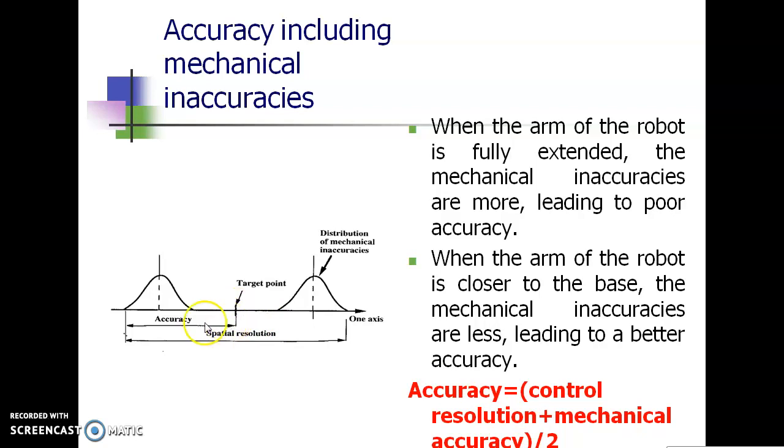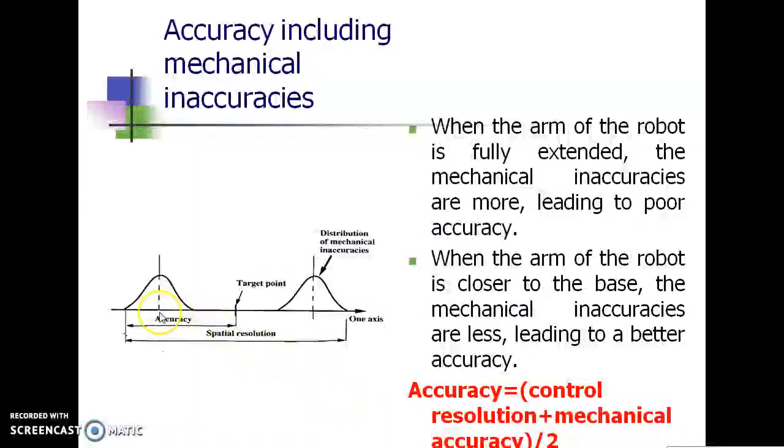This is what the control resolution is, so this is control resolution by 2. This 2 is equal to control resolution. The distance between here and here is control resolution, from the target point to this addressable point.